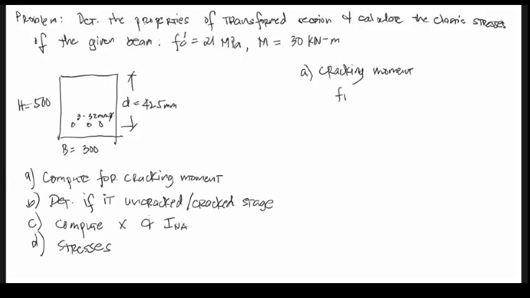So FR equals 0.62 square root of FC prime. And at the same time, FR equals your cracking moment times CT over IG.